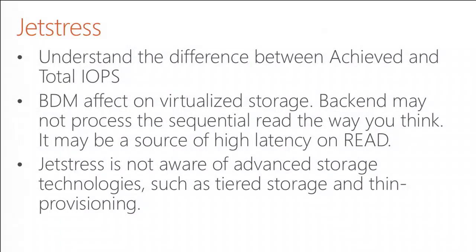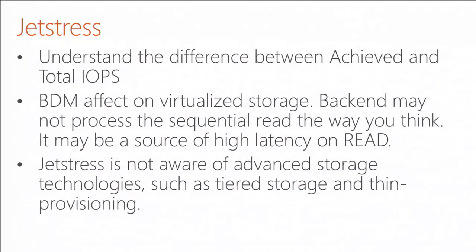So every time you have virtualized storage, you may run into problems when you run JetStress with background maintenance. And that's the point. We don't want to disable BDM, right? We want to run JetStress with BDM. It's just that you're going to see a high read latency with that.